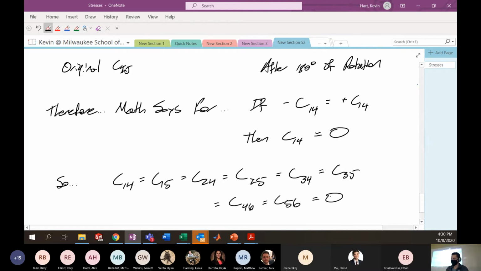If we have one plane of symmetry, we just eliminated 8 material constants that are required to define this. All right, useful.